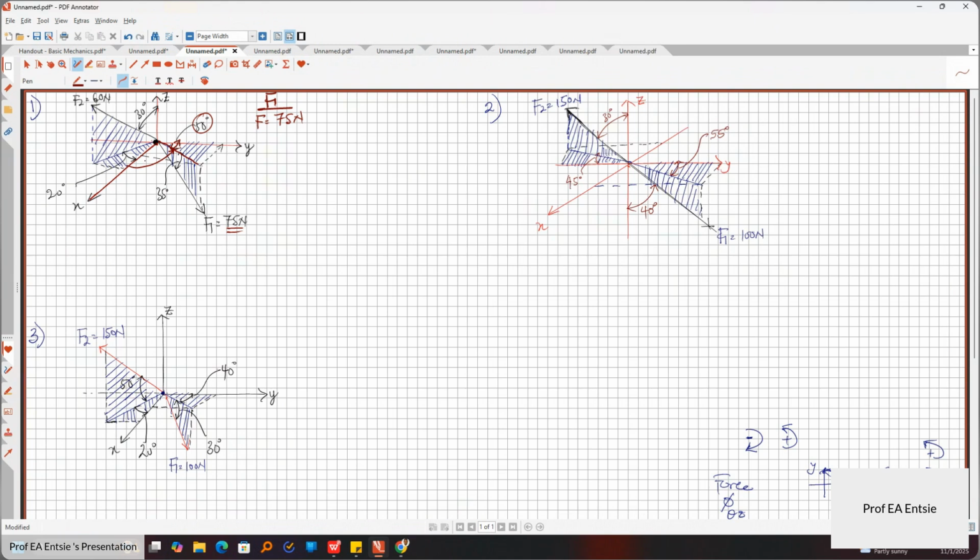Then it means from x to the plane will be 40. Look at how we measured it. We measured it anti-clockwise, from the positive x-axis to the base of the plane. So that's positive 40 degrees. It means phi is positive 40 degrees.